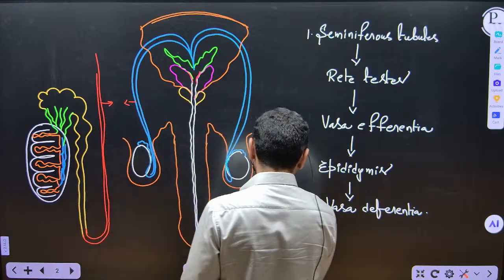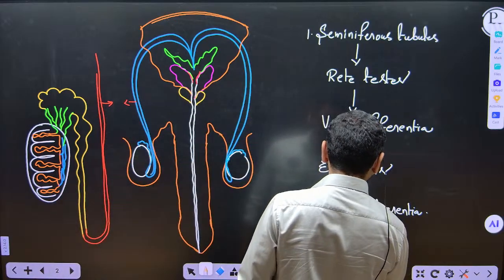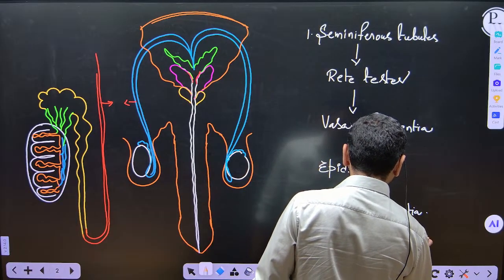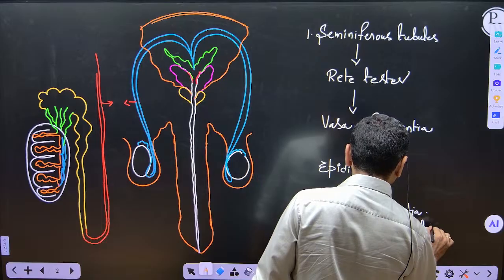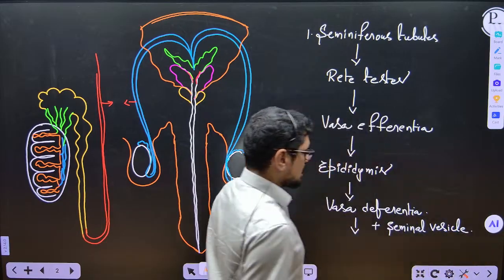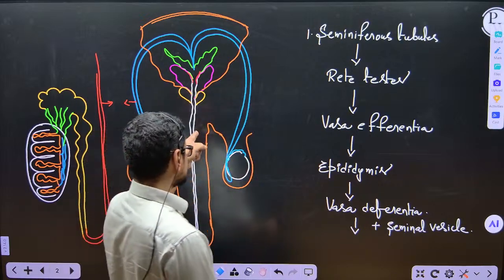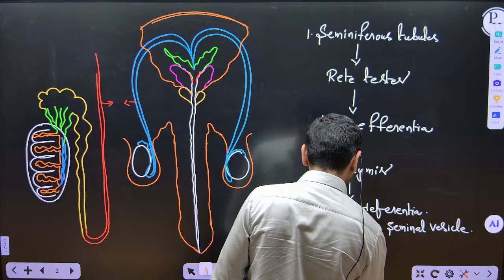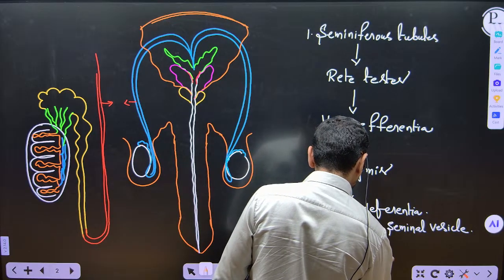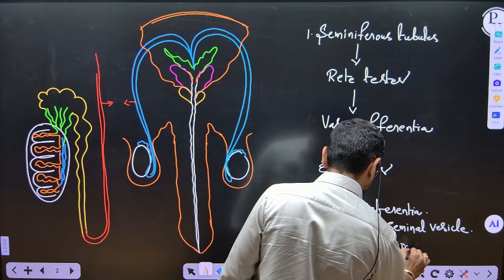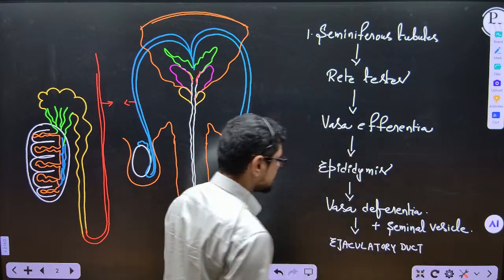Let me write here: vas deferens opens into, along with the seminal vesicle, it forms the ejaculatory duct.